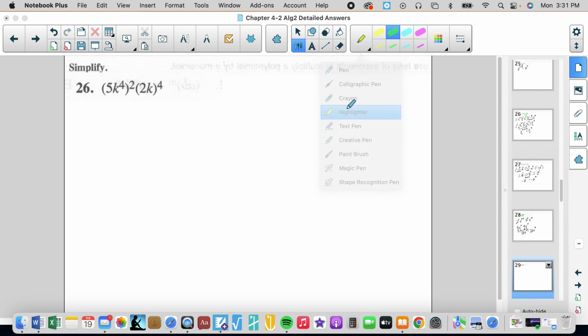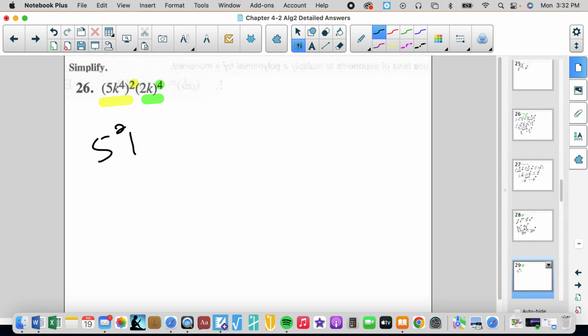We've got an exponent on this term, and we have an exponent on this term. I'm liking these, they are fun. 5 squared, k to the 4 times 2, 2 to the 4th times k to the 4th.